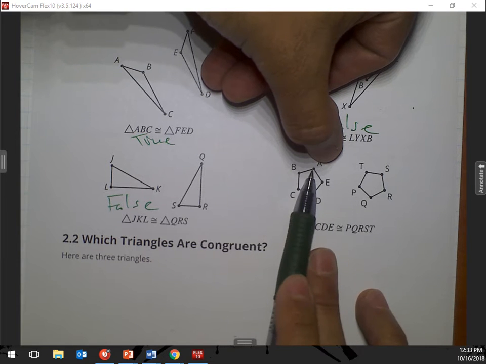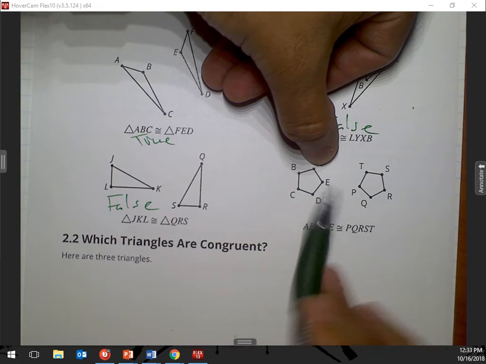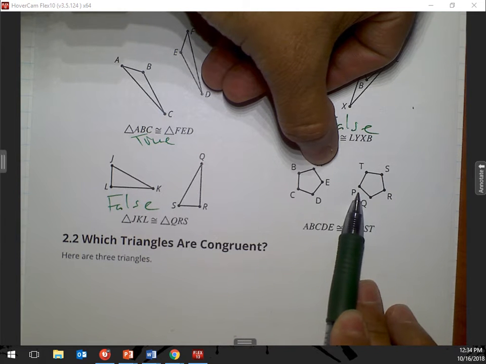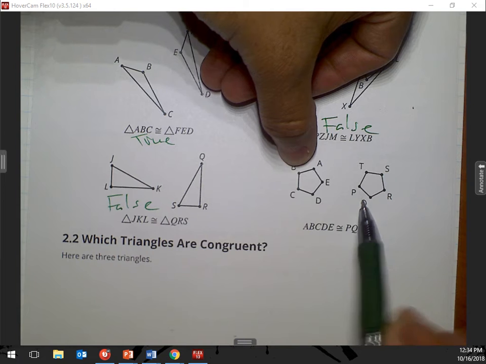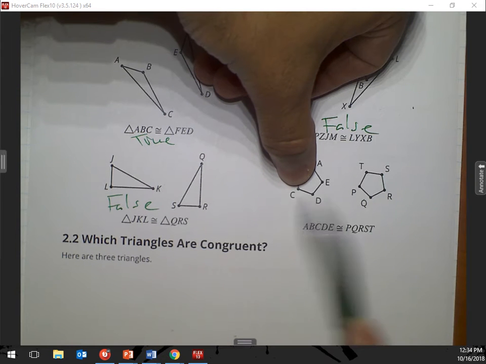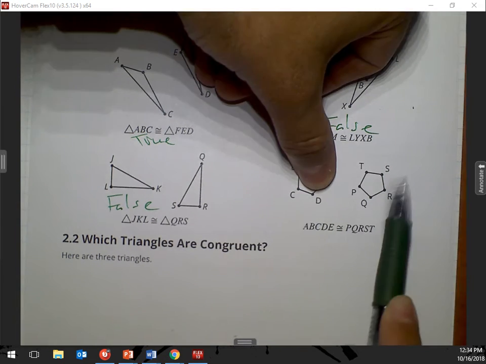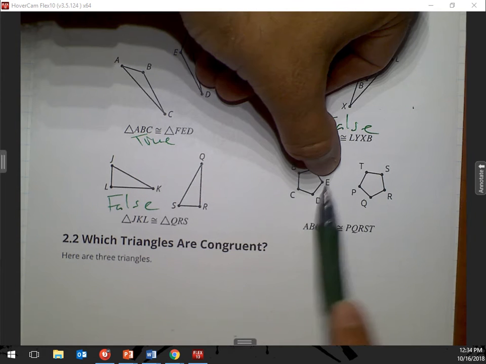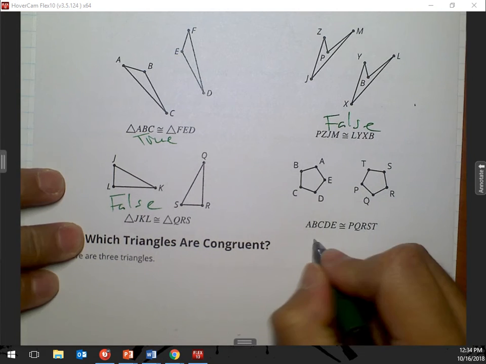But if A goes with P, we just say it's rotated, okay? So if A goes with P, then B is supposed to go with Q. C has to go with R. D goes with S, and E goes with T. Is that in the right order? Yes. So this one's going to be true.